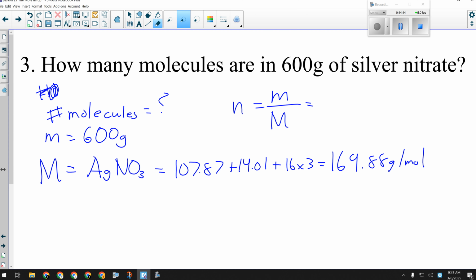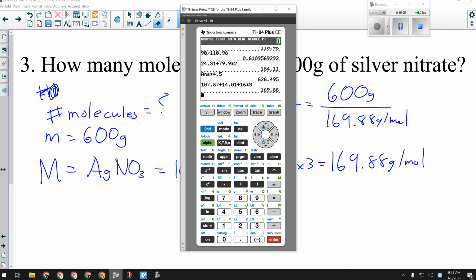So I'll calculate that. I have 600 grams of silver nitrate. If I punch that into my calculator, I'll get the number of moles. Okay, there are 3.53 moles.